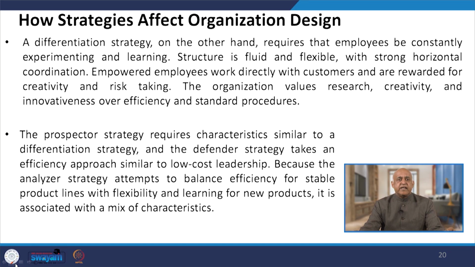A differentiation strategy, on the other hand, requires that employees be constantly experimenting and learning, and structure is fluid and flexible with strong horizontal coordination. Empowered employees work directly with customers and are rewarded for creativity and risk taking. The organization values research, creativity, and innovativeness over efficiency and standard procedures.